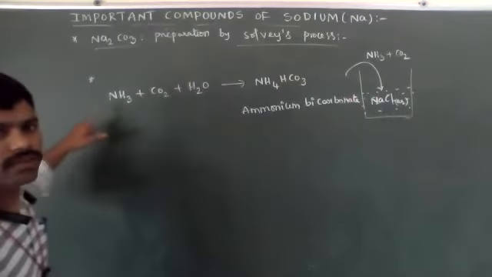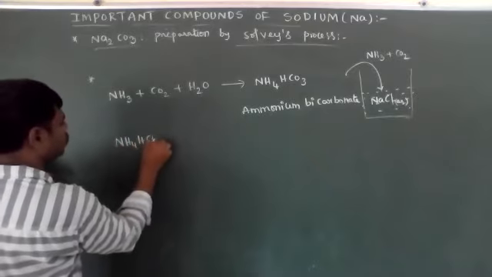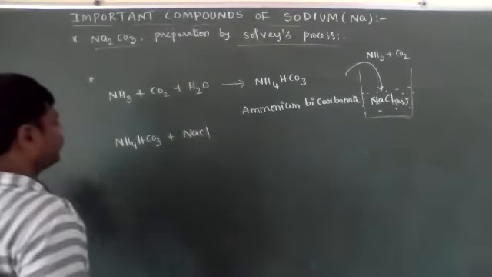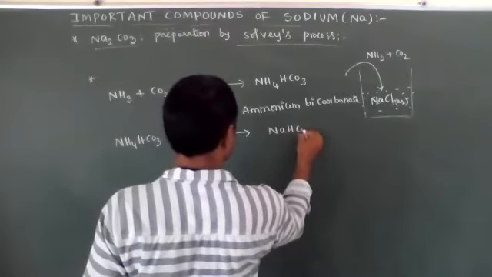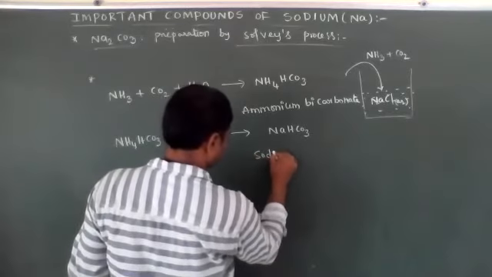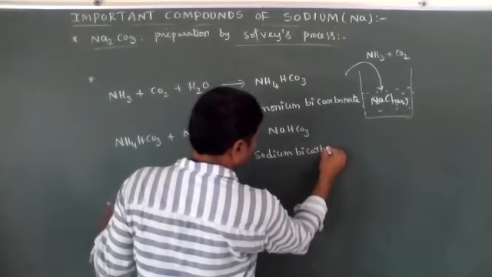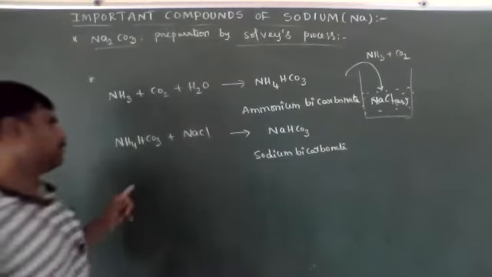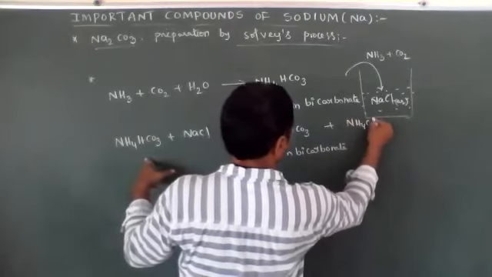This ammonium bicarbonate reacts with sodium chloride, NaCl, and forms NaHCO3, sodium bicarbonate. If you want only sodium bicarbonate, you have to stop the reaction at this step only. The byproduct is ammonium chloride, NH4Cl.